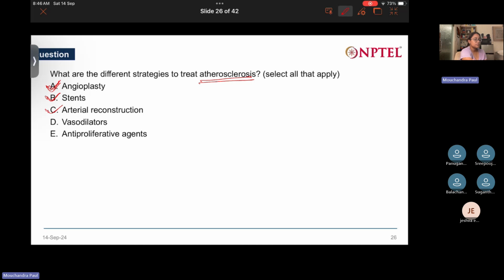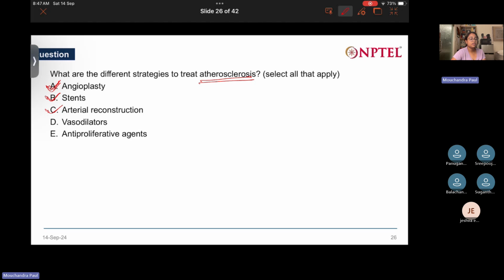Then if the plaque has built up so much that it has completely blocked the lumen of the blood vessel, the surgeon needs to remove that entire blood vessel portion. They first image it using angiography to find the location of the plaque, then surgically remove it, and reconstruct the removed portion using the body's own blood vessel, taken from anywhere in the body where it is safe.